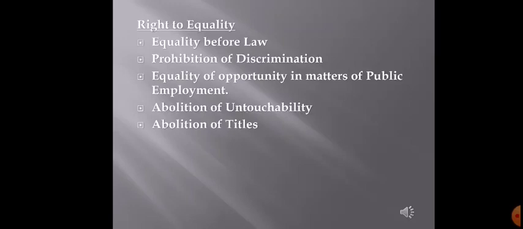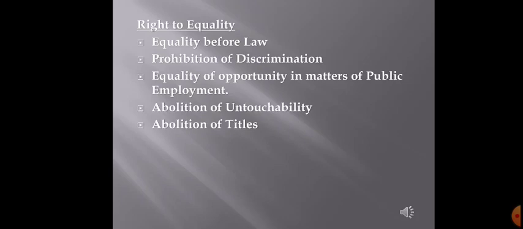These titles were abolished because they went against the principles of equality of status. These titles show a difference between people. Those who were holding titles like Rai Bahadur were considered high class, and those who didn't have these titles were considered low class. So these titles were abolished as they were not following the principle of equality of status.